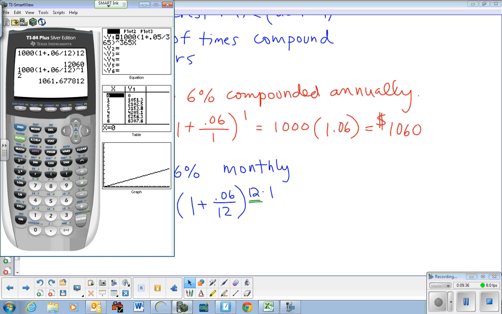Here we go, 1,061.68. So you get an extra $1.68 over the course of that year if they compounded it monthly.